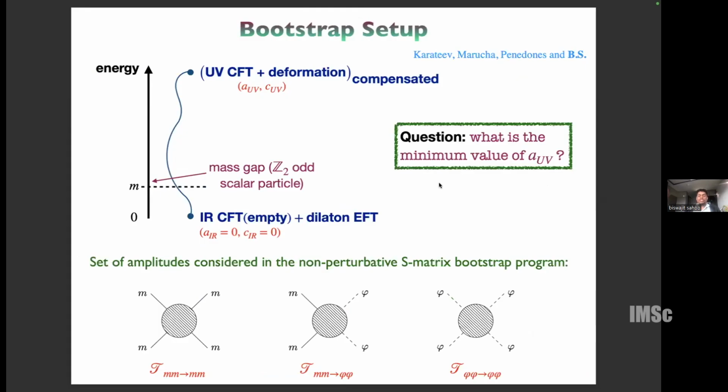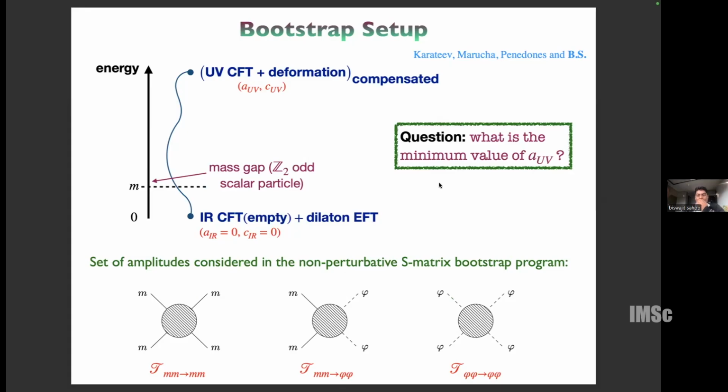So now once we identified this scattering amplitude, can we use it in the bootstrap framework to answer some non-perturbative questions? One of these questions: suppose we consider a massive quantum field theory whose lowest lying state is a massive particle with some scalar mass m, and we ask what is the minimum value of the A UV which can flow to such a gapped quantum field theory.